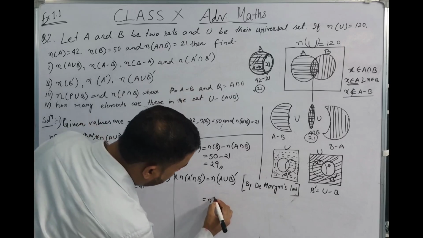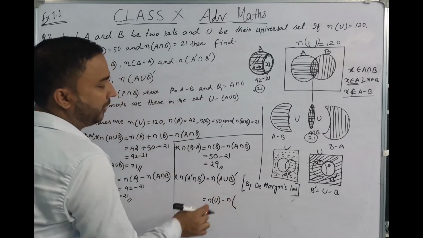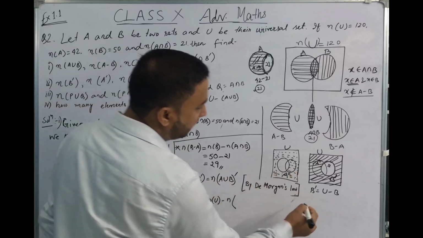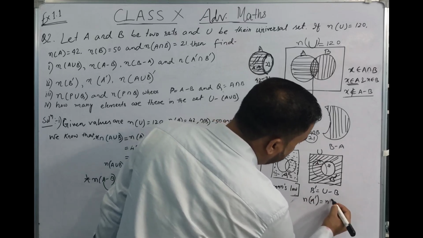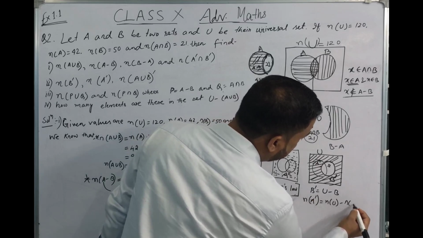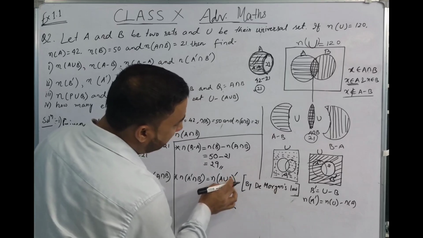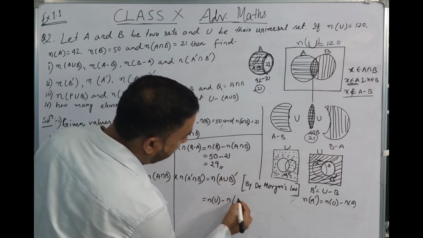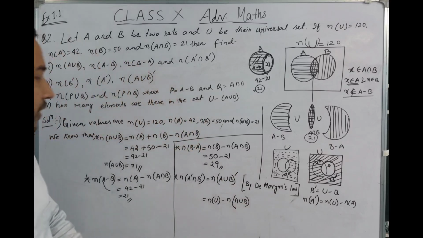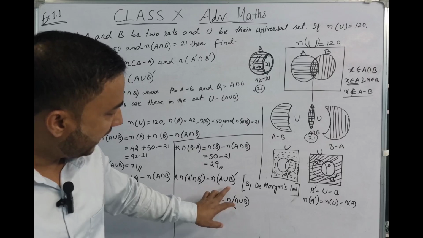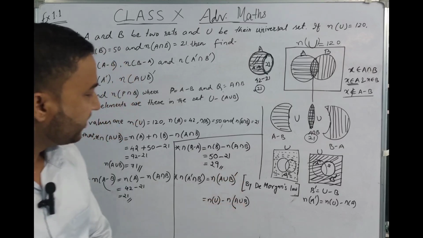So number of A complement will be equal to number of U minus number of A. Here, since A union B complement is the set, you have to subtract A union B. Number of A union B complement is equal to number of U minus number of A union B.